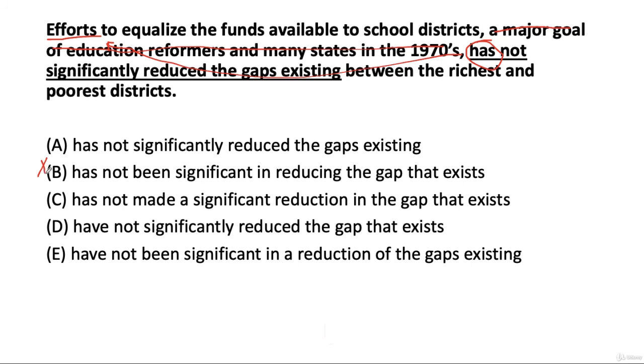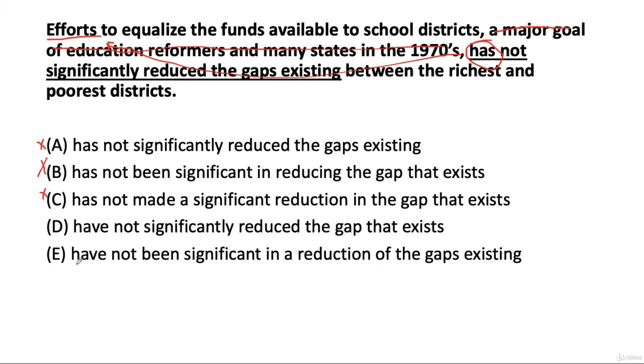This option goes out of the picture, this option goes out of the picture, and this option goes out of the picture. Then we are left with D and E. Option D: efforts to equalize the funds available to school districts have not significantly reduced the gap that exists. And option E is efforts to equalize the funds available to school districts have not been significant in a reduction of the gaps existing.